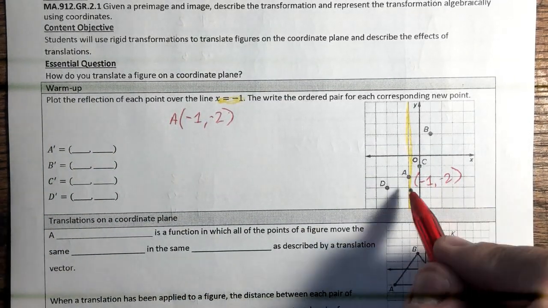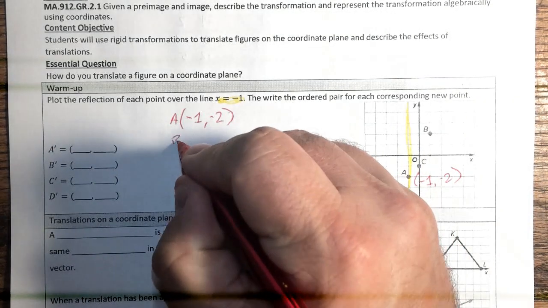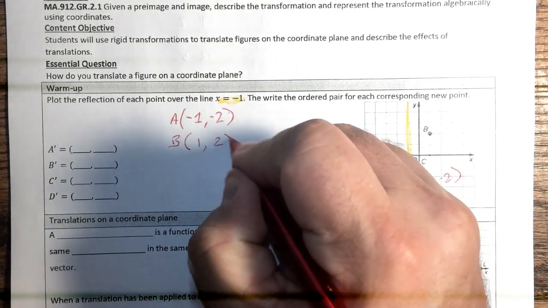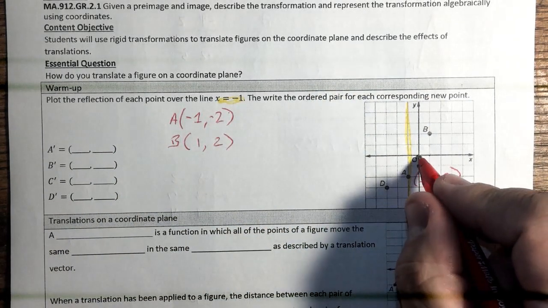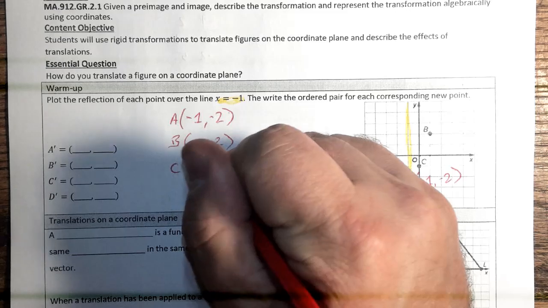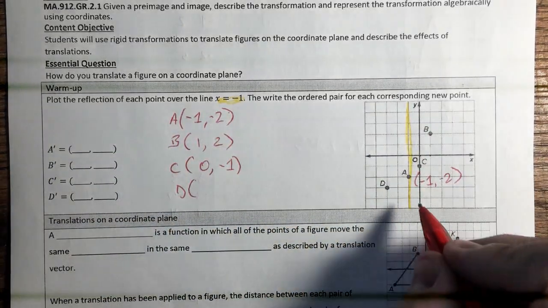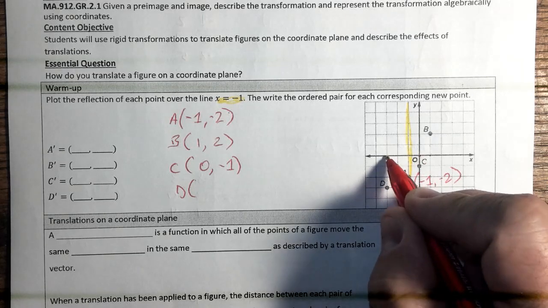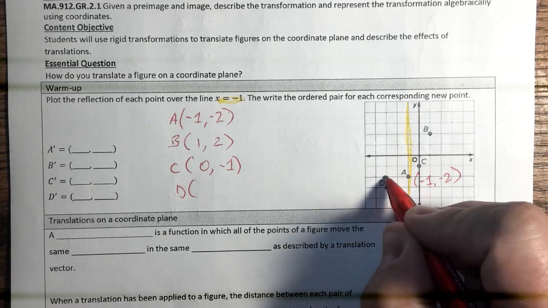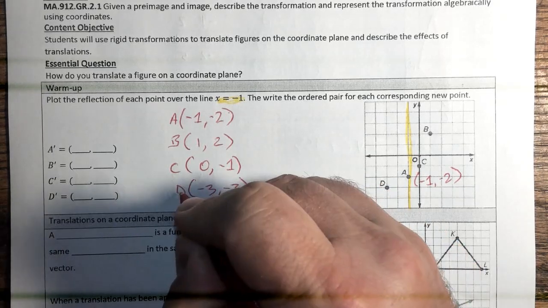All right. B, 1, then 2. So B is 1, 2. C is 0, -1. And then D is -3, -3.